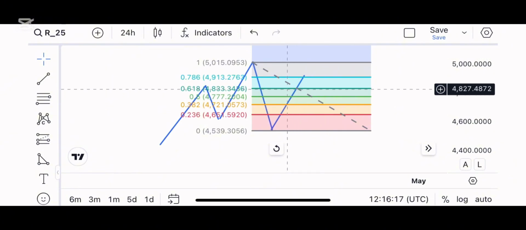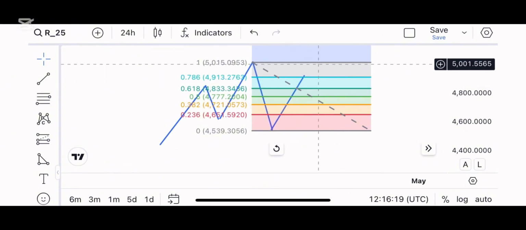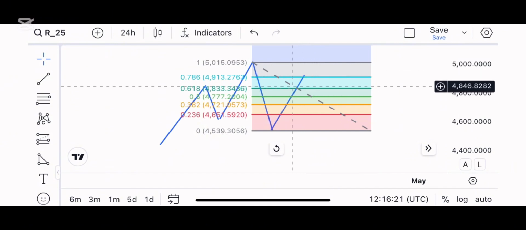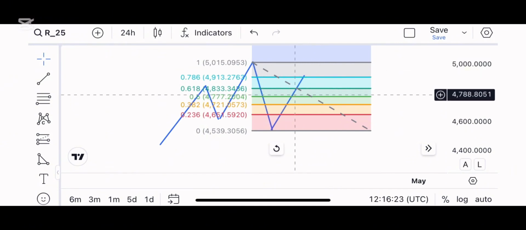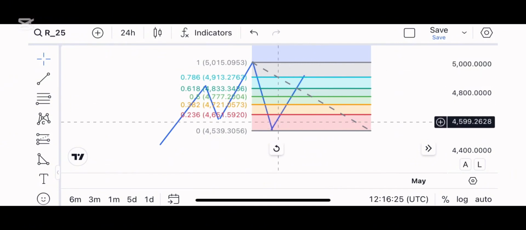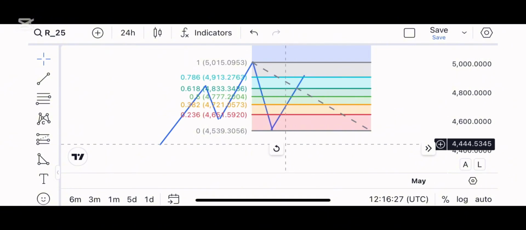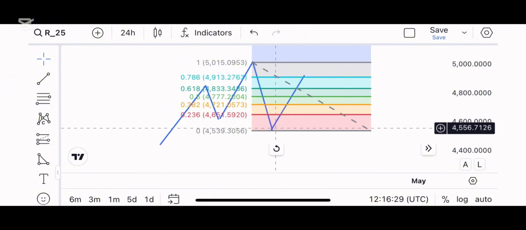I can decide to trail the stops all the way to the 100 Fibonacci, but this is where I take my profit, and I keep my stop loss just below my entry in this pattern. All right, guys, let's go into the chart so we can find some other examples.